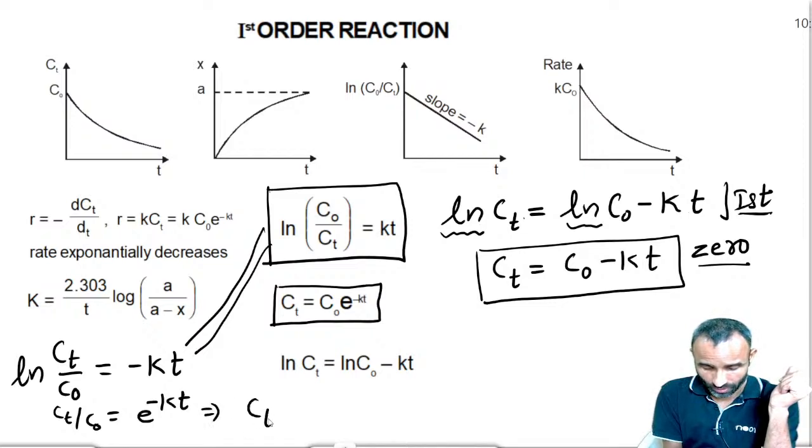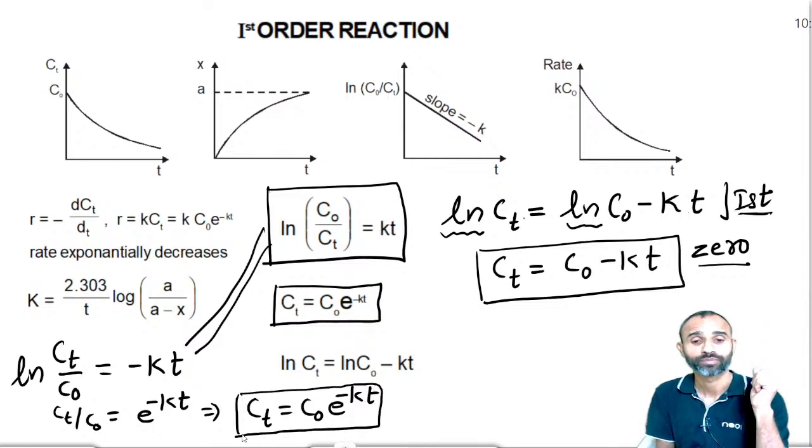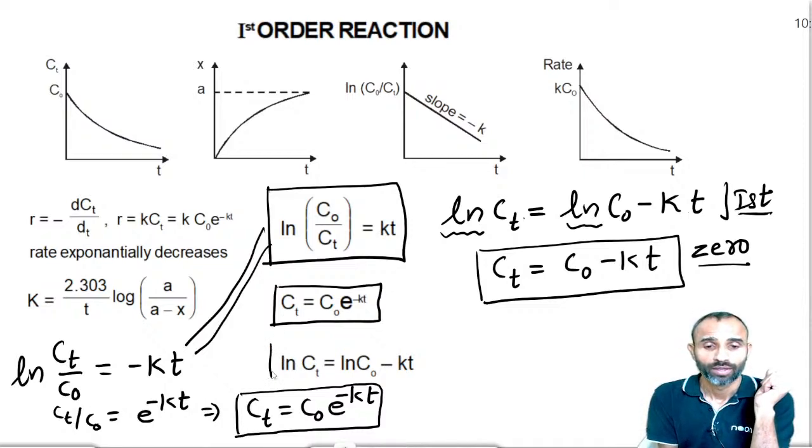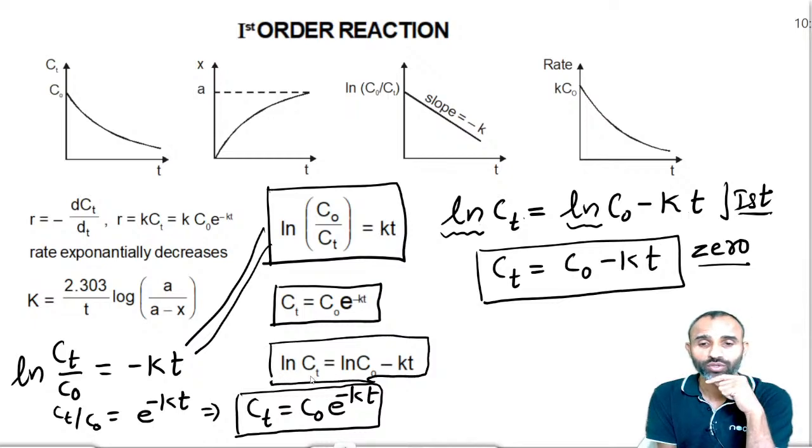This way Ct is equal to C naught into e raised to power minus kt. These are the three relations: natural log of Ct equals natural log of C naught minus kt, Ct equals C naught e raised to power minus kt, or natural log of C naught upon Ct equal to kt.